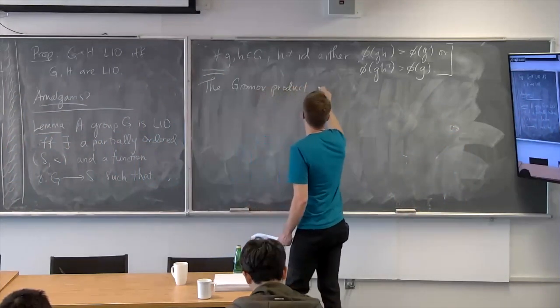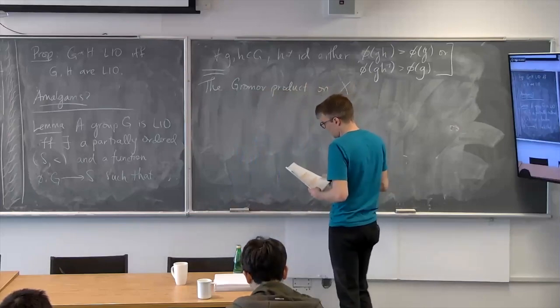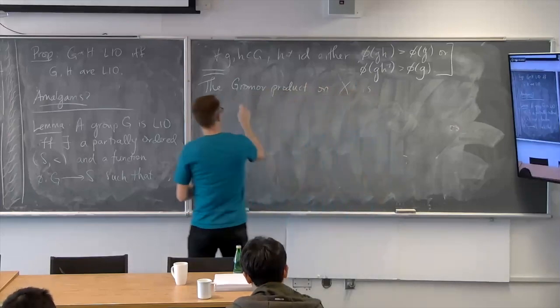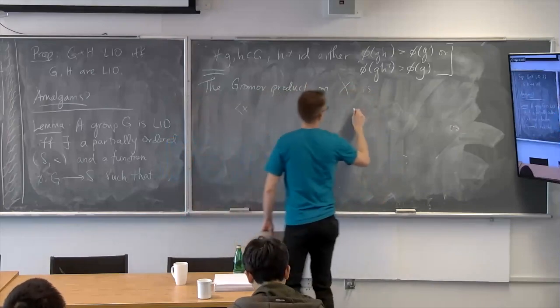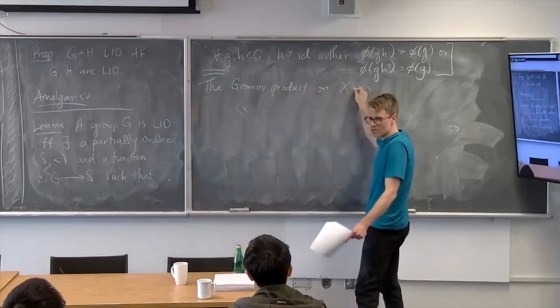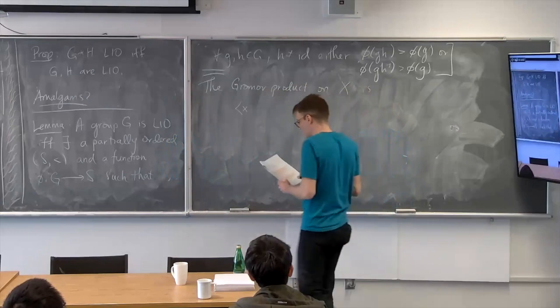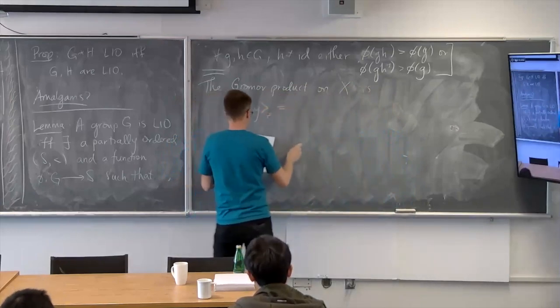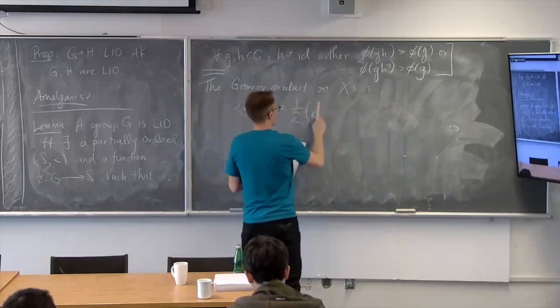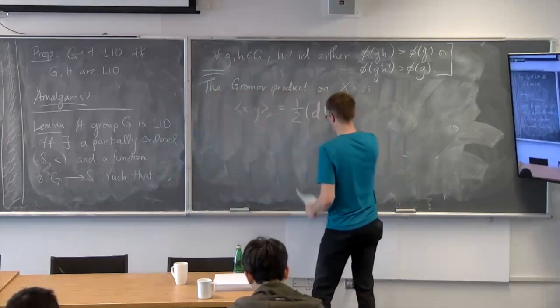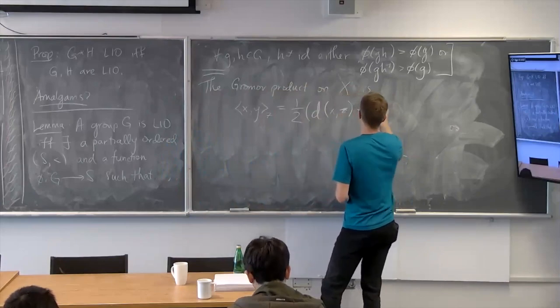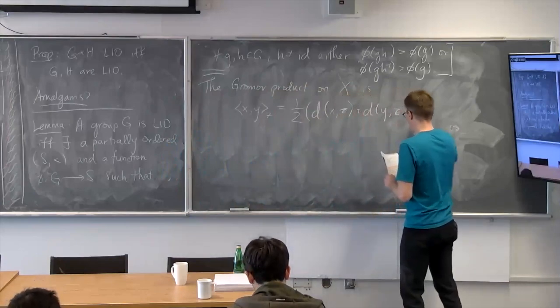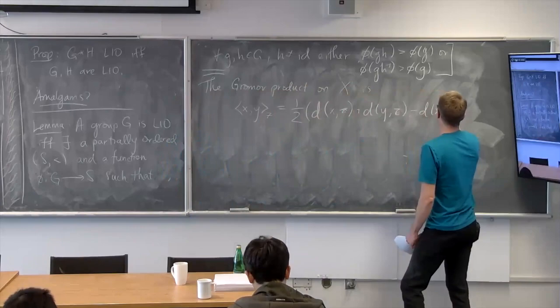So the Gromov product on X, where X is a geodesic metric space, is the defect of the triangle inequality: (Y|Z)_X = (d(Z,X) + d(X,Y) - d(Y,Z))/2.